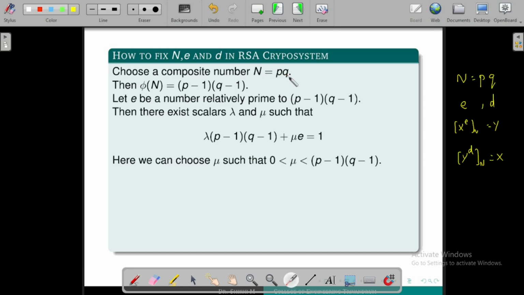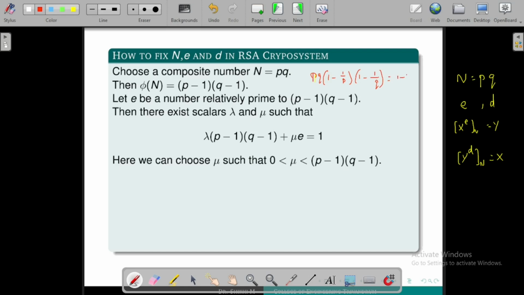So we choose numbers P and Q such that capital N is equal to P times Q. Then what will be phi of N? Phi of N is, by formula, N times (1 minus 1/P) times (1 minus 1/Q), that is P times Q times (P-1)/P times (Q-1)/Q.